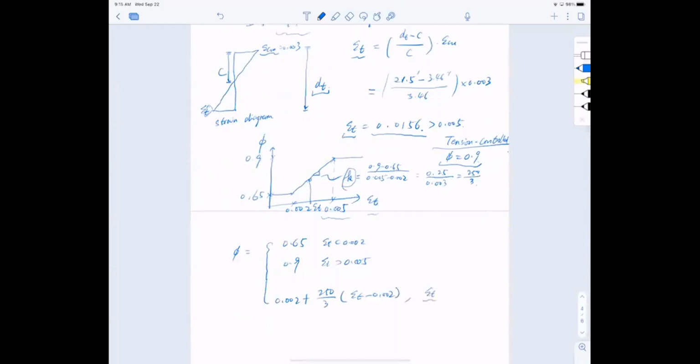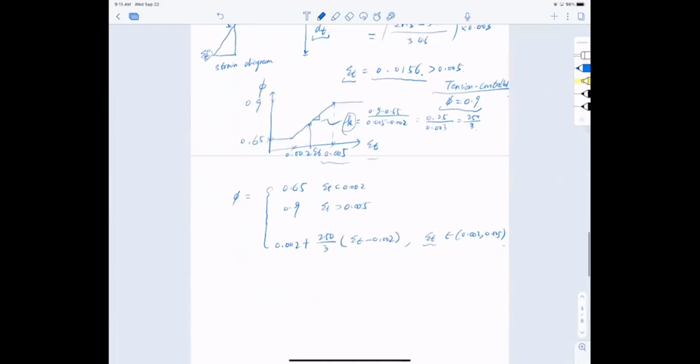This is when epsilon t is between 0.002 and 0.005. Alrighty. So that is the interpolation equation in case you have forgotten about it.